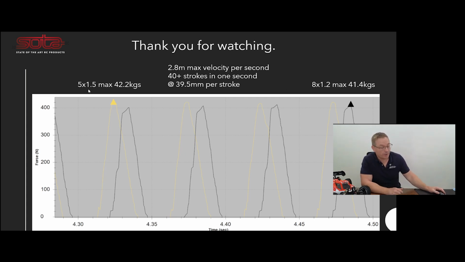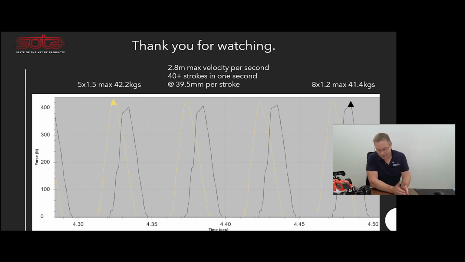And eventually, because a transition flow is a more inefficient flow, and it's occurring a lot sooner with the 5 by 1.5, it will gradually increase enough to then overtake that 8 by 1.2.